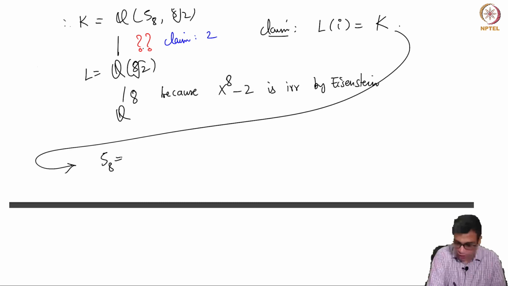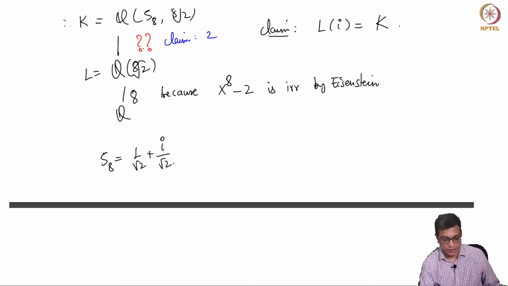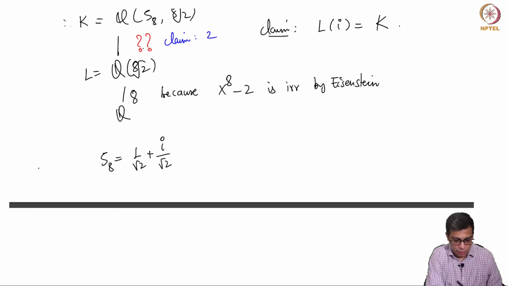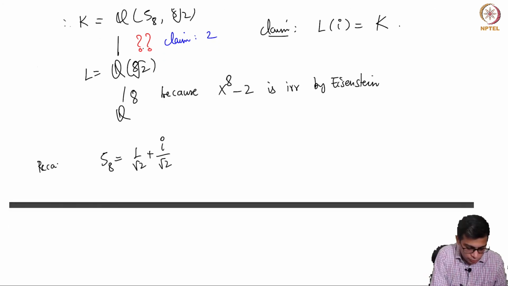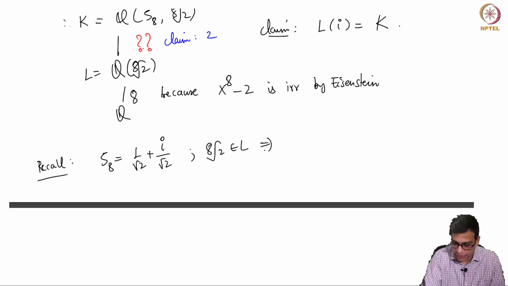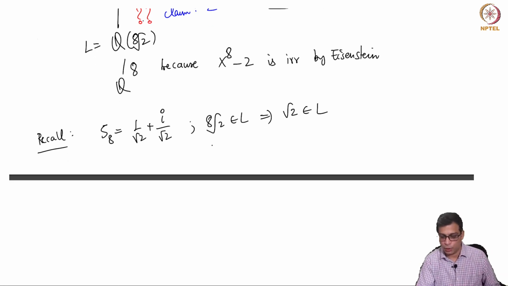Zeta 8, as we agreed, is (1 plus i) by root 2. One choice for a primitive 8th root is this. So zeta 8 is this, but recall this. We already know that the 8th root of 2 is in L. That means square root of 2 is in L, because the 8th root of 2 to the power 4 is square root of 2.